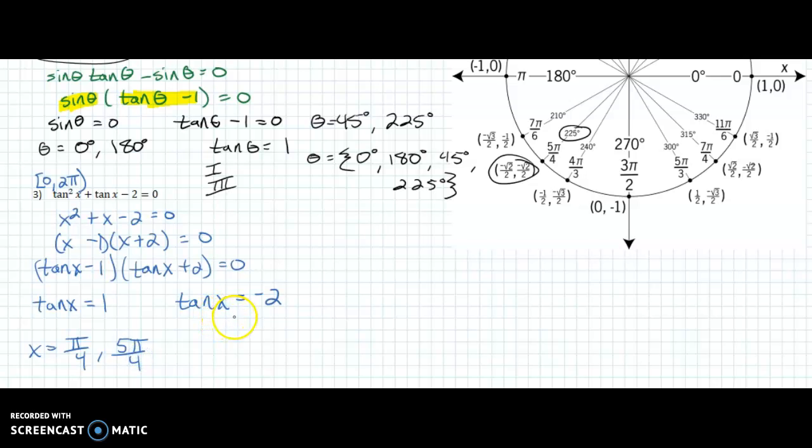And then tangent x equals -2 is a little bit trickier because we do not have a -2 on the unit circle. So we're going to have to use our calculator. And that's okay because we have a way to find angles. Remember, to find an angle, we use the inverse.